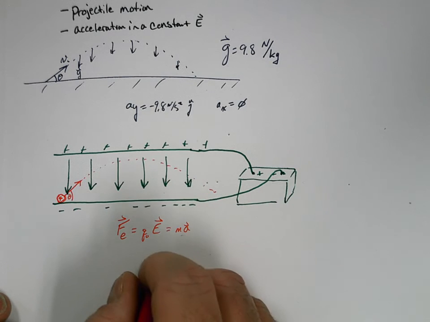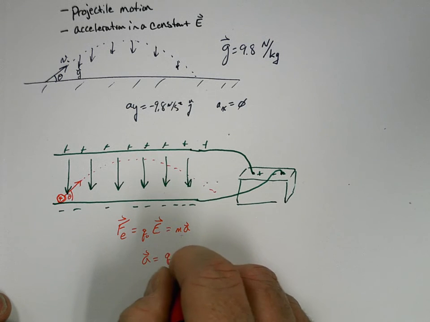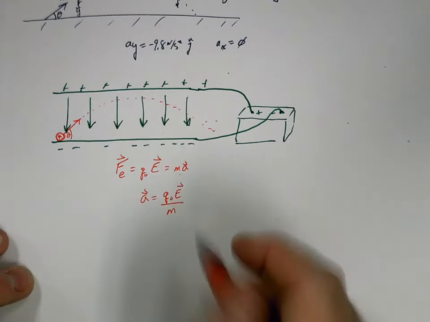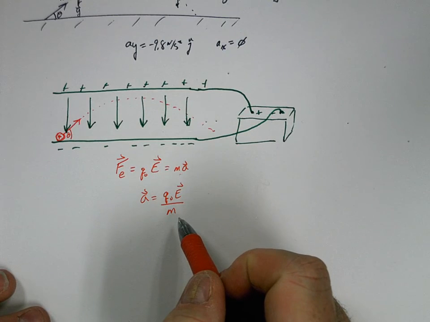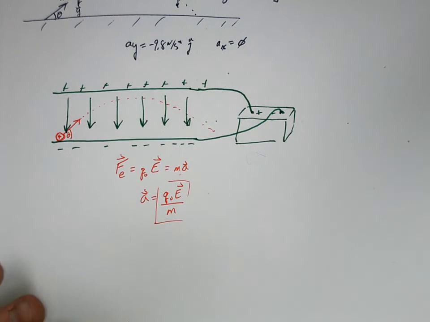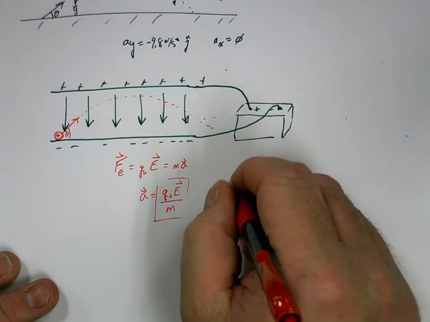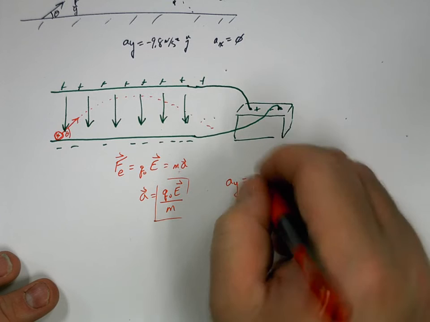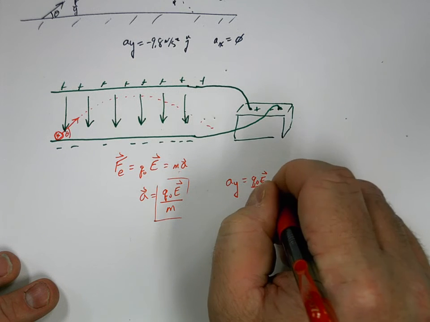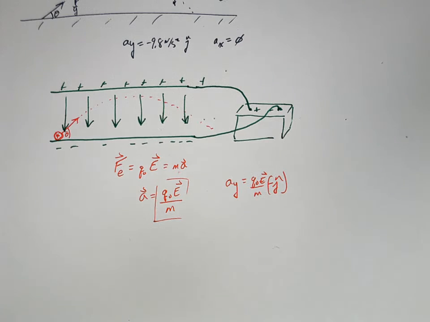Its acceleration then becomes this, so this now becomes our acceleration on our particle, and this we can use in all of your kinematic equations. Because the field is pointing straight down, your a_y is now q_0 E over m negative j hat, and then all of your kinematic equations come into play.